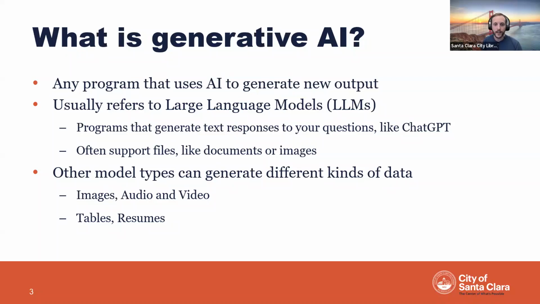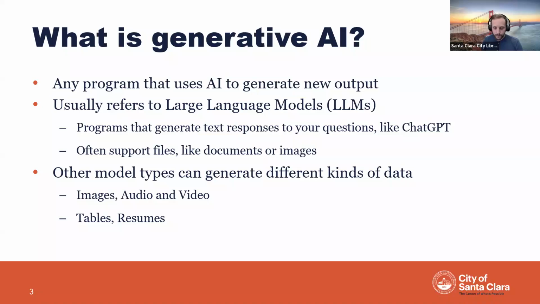And for generative AI, the ones that you're most familiar with are probably text generators, which are called large language models. I'll talk more about what exactly that is in the next slide. At its most basic, it's a program that generates responses to your prompts in text. There are other kinds of generative AI that you might have heard of, some that can create images or even audio like songs, or video of moving people, moving things.